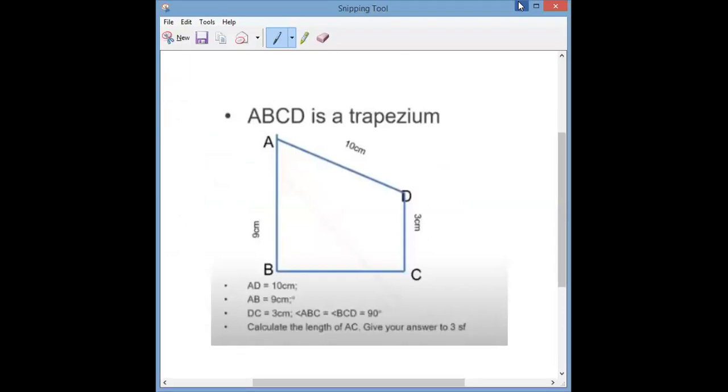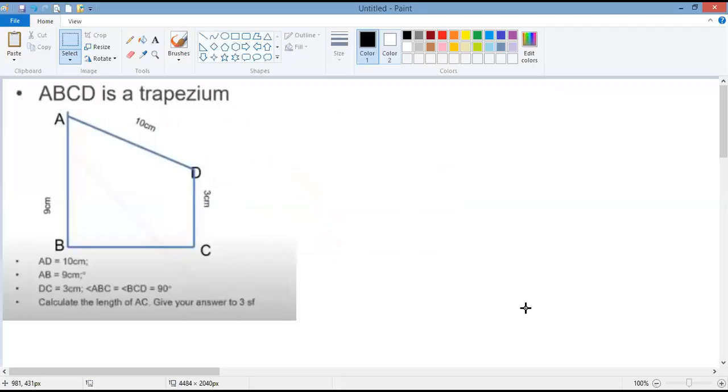You read the question first. Okay, so you have ABCD is a trapezium. They give you the length of AD, which equals 10, AB equals 9, and BC equals 3 cm.